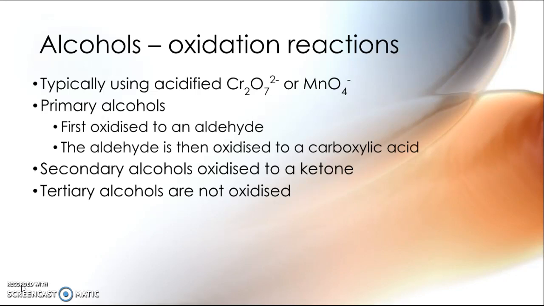At level 2, for secondary alcohols, you learn that they get oxidized, but you don't know what the product is. At level 3, secondary alcohols are oxidized to form ketones. So all I'm going to do today is briefly show you those reactions. In my next video, I will talk about the formation of aldehydes and ketones in significantly more detail.